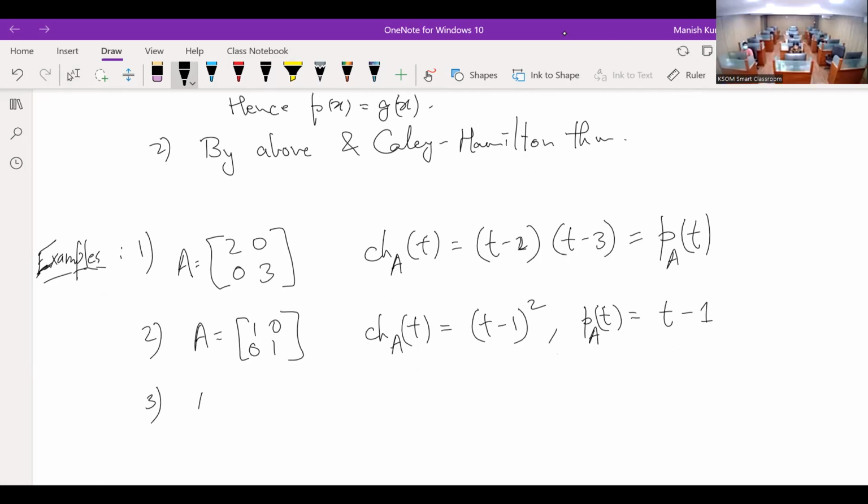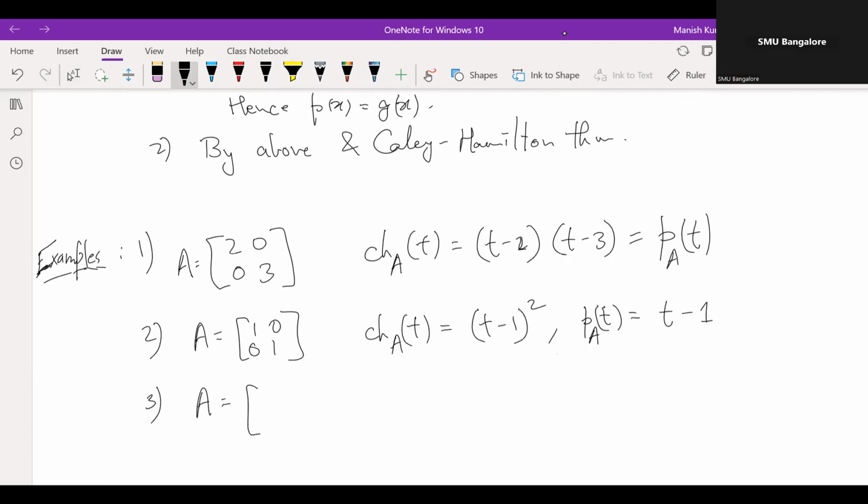The matrix with rows 1 1 and 0 1. Yeah. The characteristic polynomial will not change, it just depends upon the diagonal entries. For an upper triangular matrix it is straightforward. But what is the minimal polynomial now?